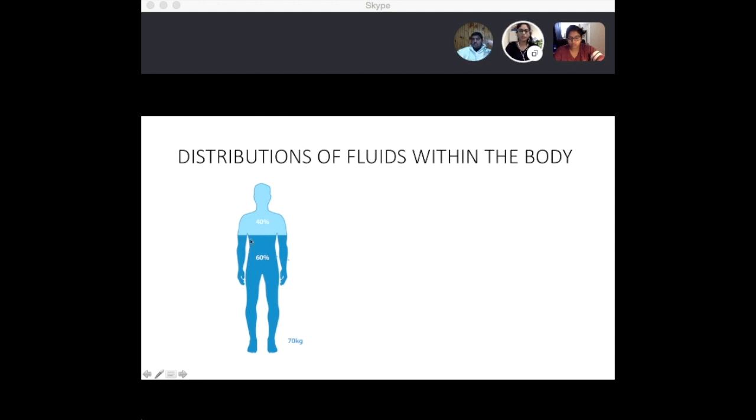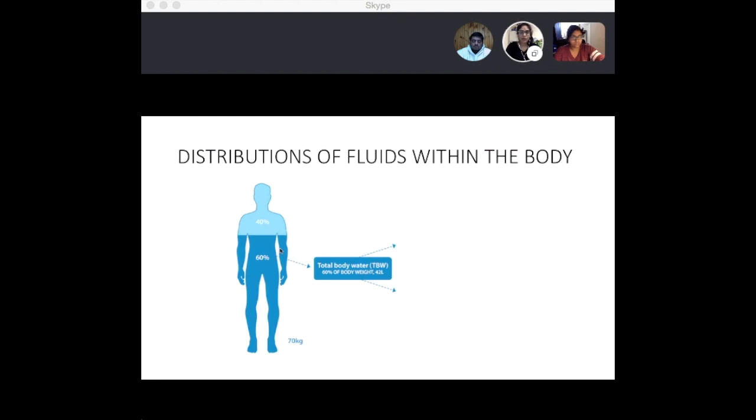As we know, 60% of our body mass is made up of water. For example, if we were talking about an average man who's probably 70 kilograms, 60% of that would be liters.